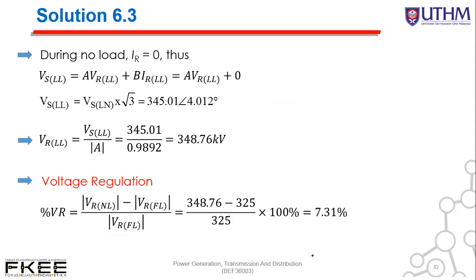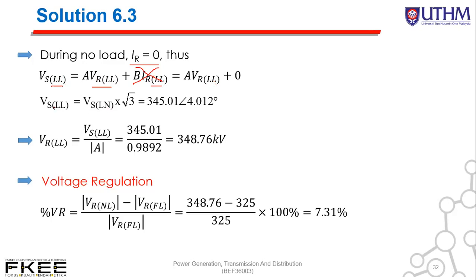During no load, similar to the previous case for the short line model, IR equal to 0. So when IR equal to 0, from the equation Vs equal to A VR plus B IR, we can simply remove the IR term. So we got Vs line to line equal to A times VR line to line.